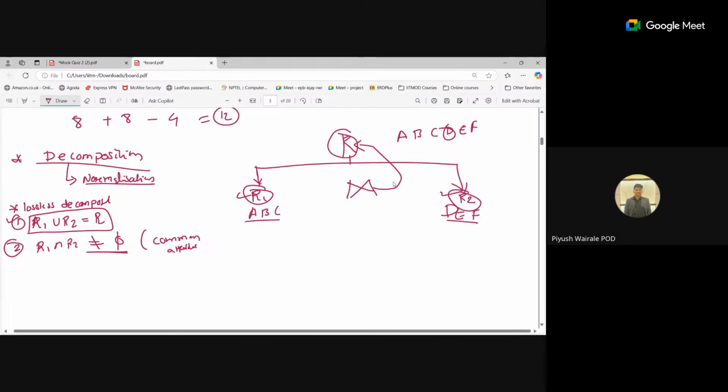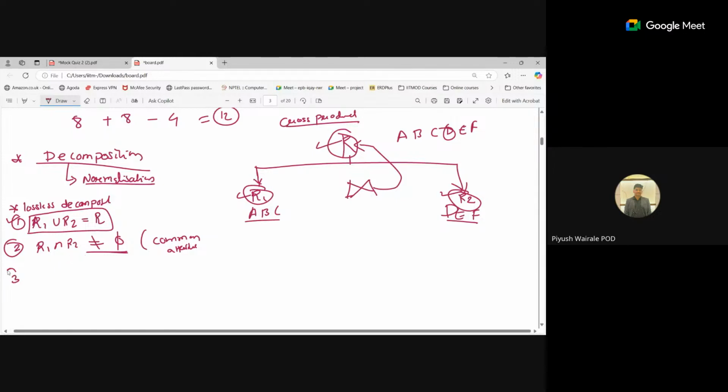But can I join these relations back? I cannot join because there are no common attributes. If I try to perform the join operation between R1 and R2, I will get a cross product, a combination of one row with every row from R2. But that is not my original relation. That will be a lossy decomposition, and I don't want that. So how can we ensure it? By this condition, there must be some common attribute.